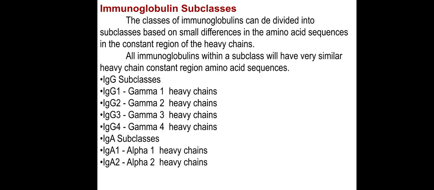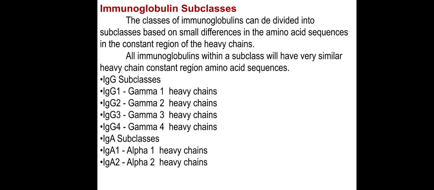It also has some subclasses. The classes can be divided further because of small differences in the amino acid sequences of the constant region of the heavy chain. All immunoglobulins within a subclass will have very similar heavy chain constant region amino acid sequences.